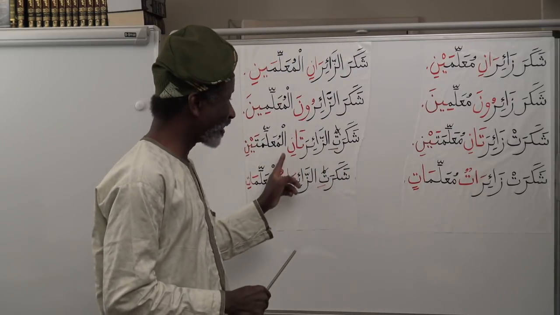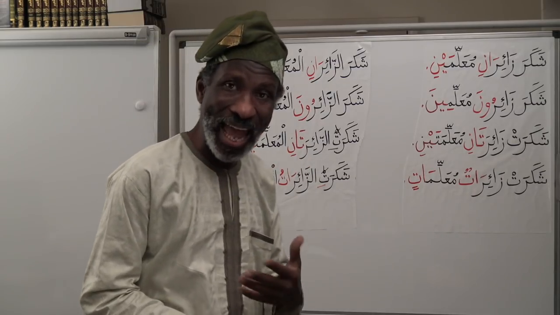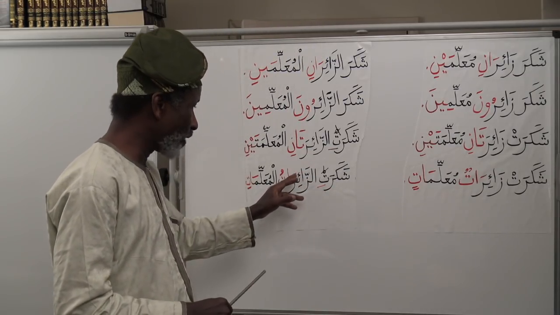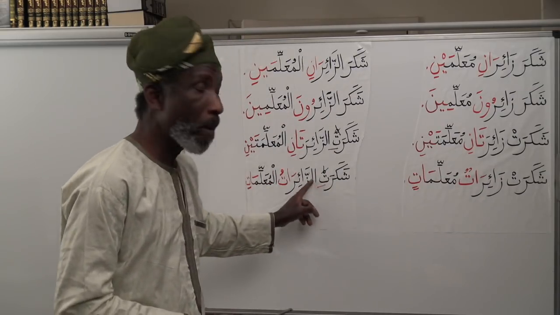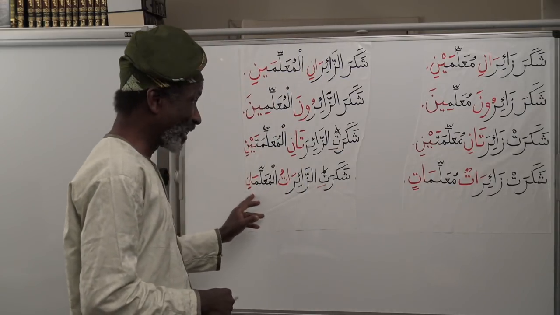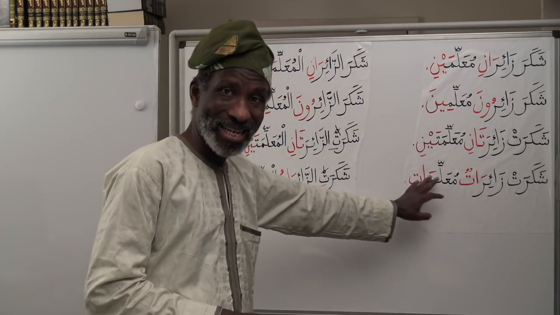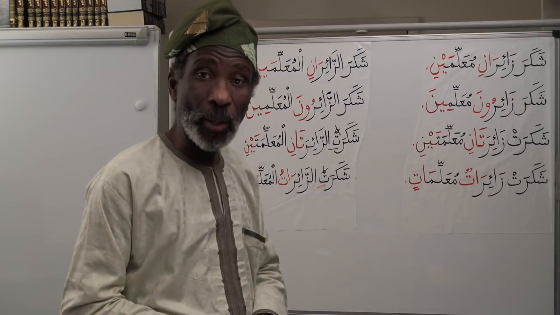So shakarat zairatani al-muallimataini. So the ani and aini endings, nominative and accusative, are the same. Shakarat zairatu. If we have atu here, we reduce the two dhamma into a single dhamma because of the article the. Al-muallimati, here muallimatin, also we reduce this to a single kasra because here is indefinite, here is definite.